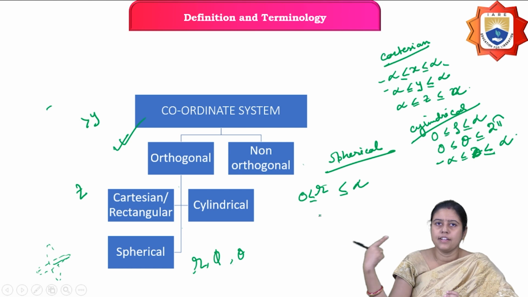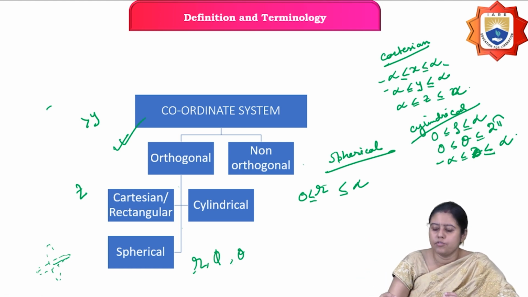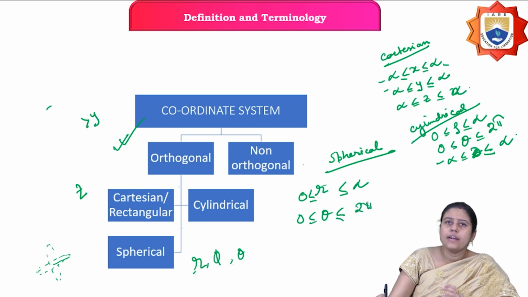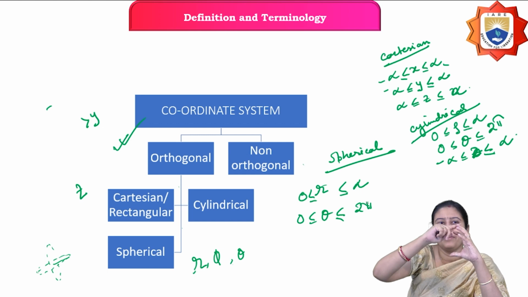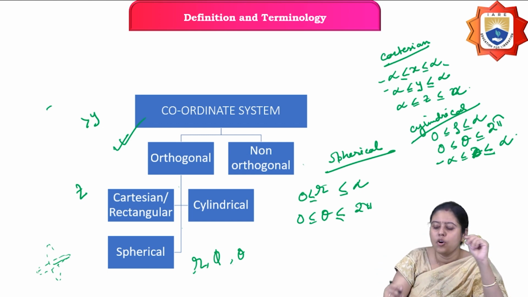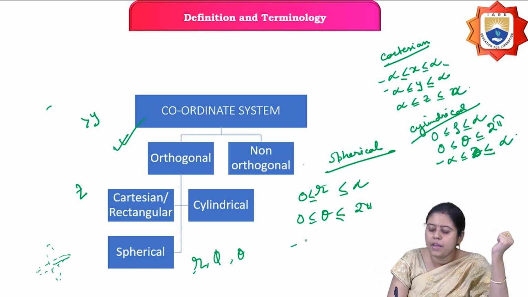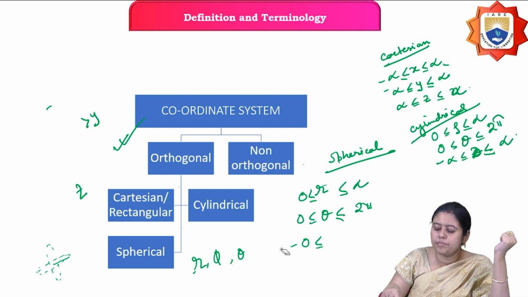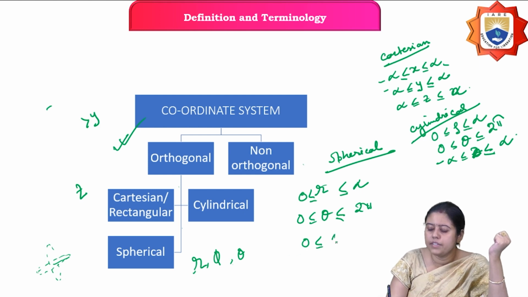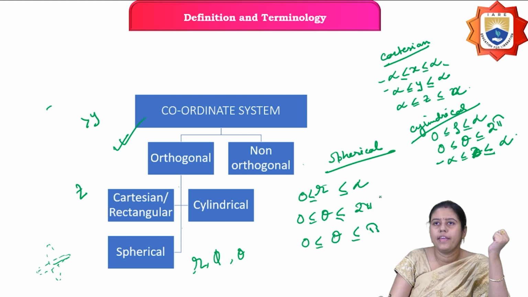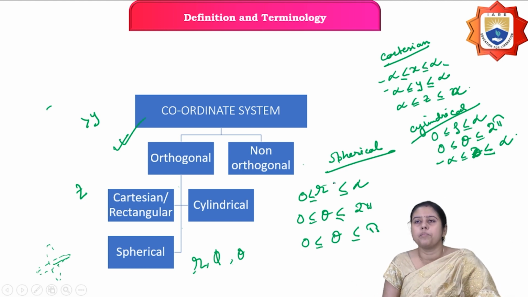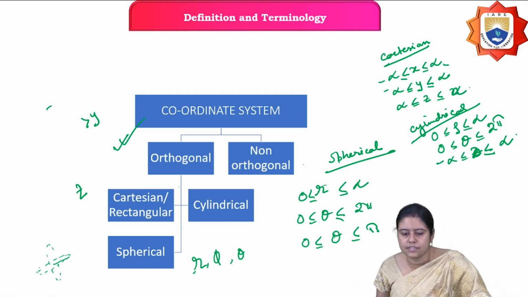Phi, this angle according to the equator, is 0 to 2 pi. But in the case of the height, if it is a ball, from the height we can write theta from 0 up to pi. So these are the ranges of the three coordinate systems.